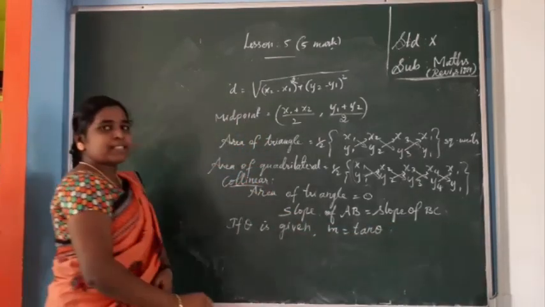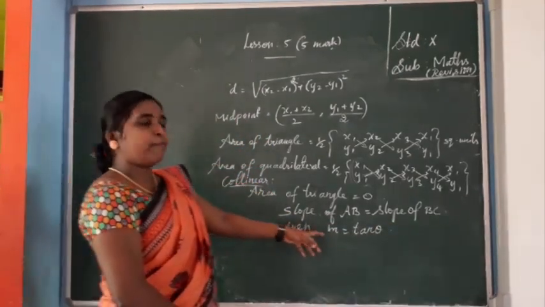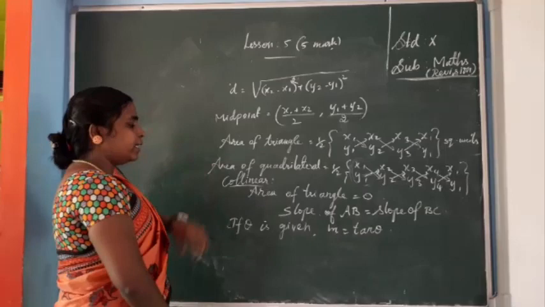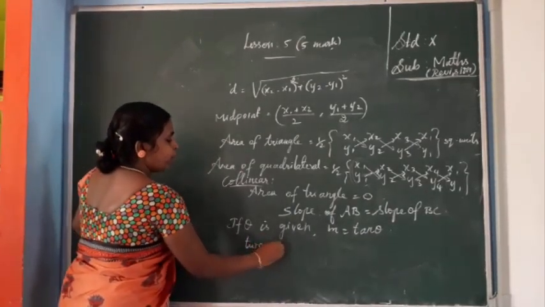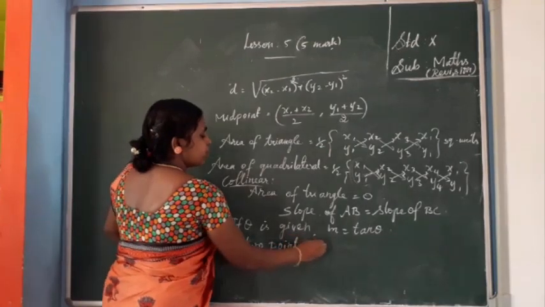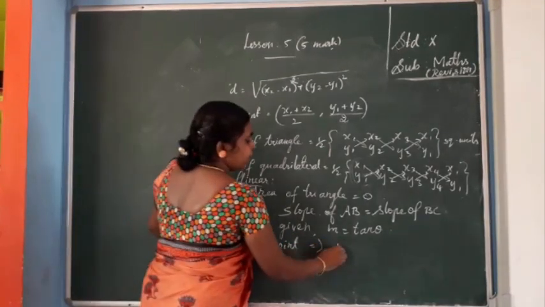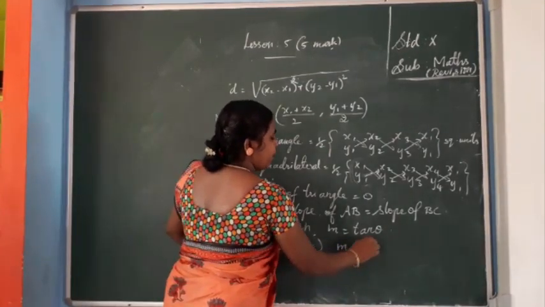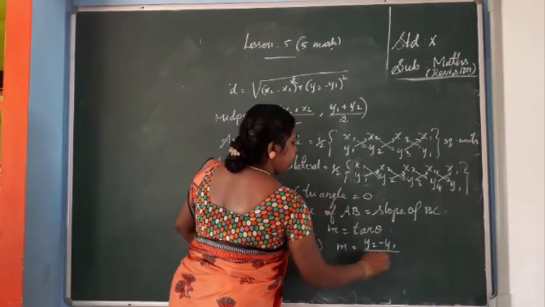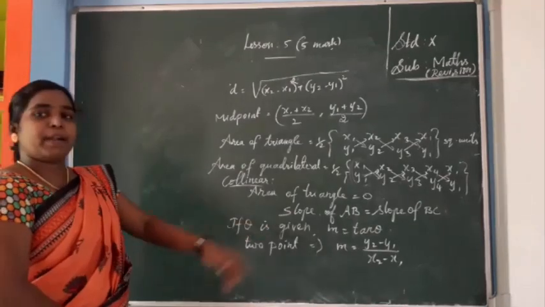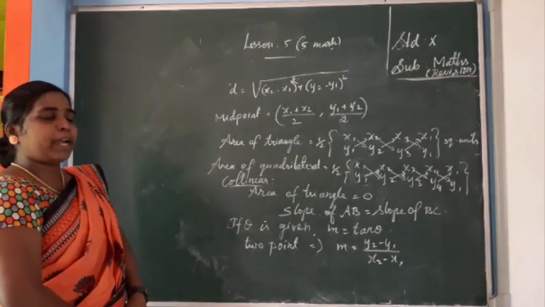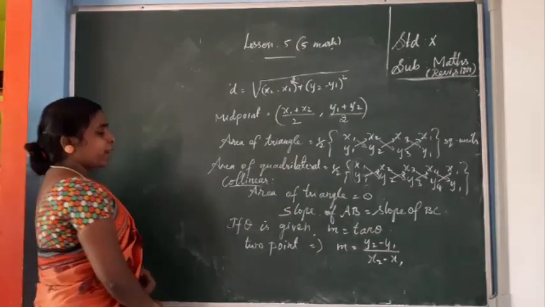Another formula, if 2 points are given, the slope formula is m equal to y2 minus y1 by x2 minus x1.